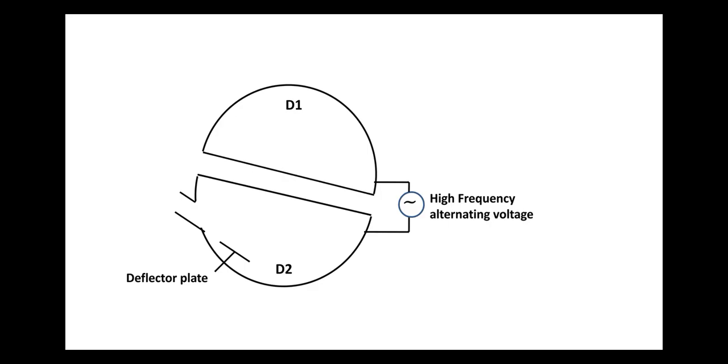This is the deflecting plate, which is maintained at some negative potential, and there is a source of charged particles located at the center of the gap between the two Ds.